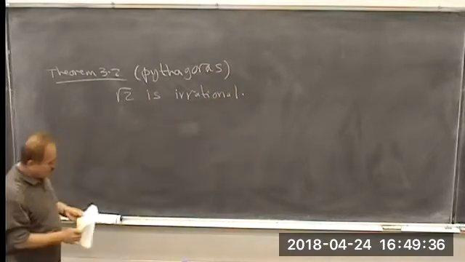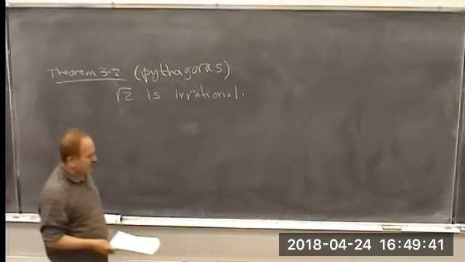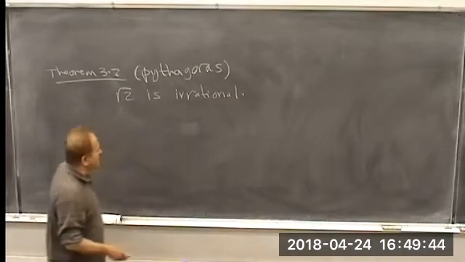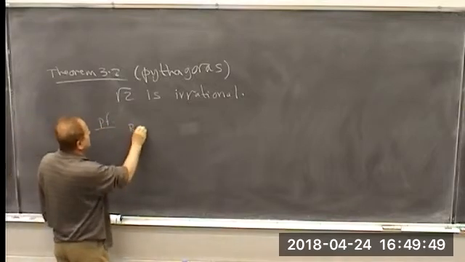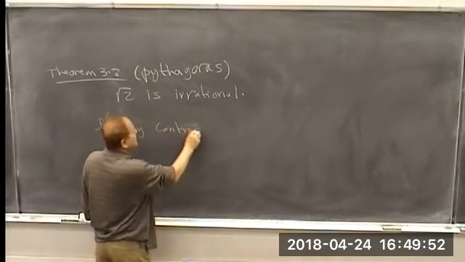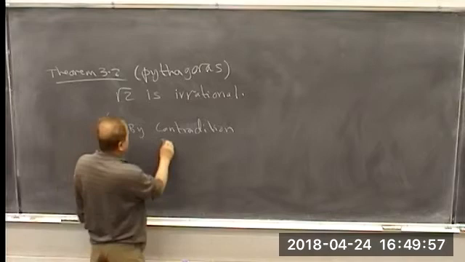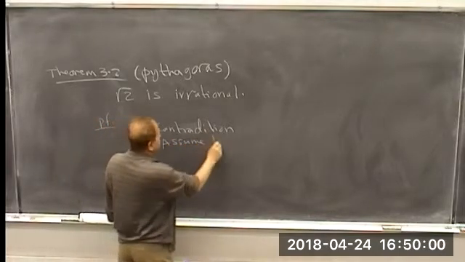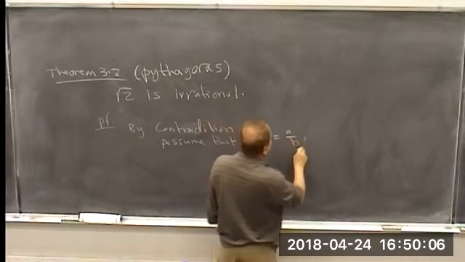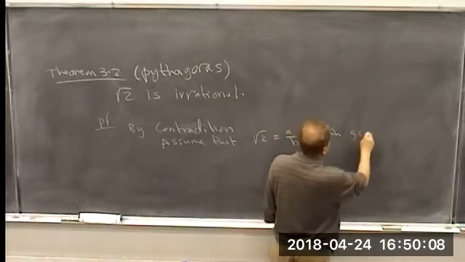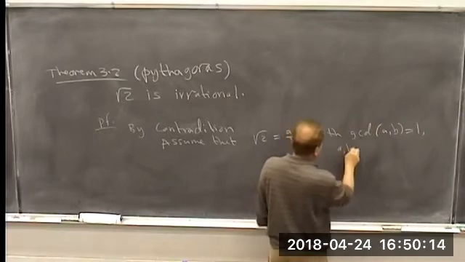The proof given in here is using again the fundamental theorem of arithmetic, and it's more or less the standard proof that you would see. I'm not going to go through the proof. It's by contradiction. I just point out what it is. So you assume that the square root of 2 is a rational number A over B, where the greatest common divisor of A and B equals 1, and remember that A and B are natural numbers.